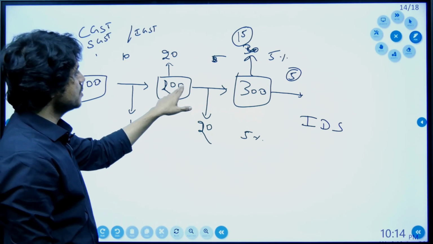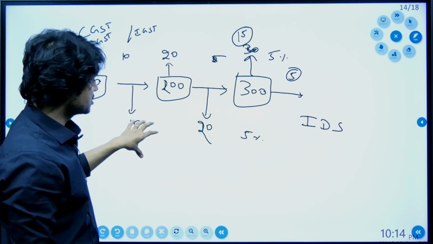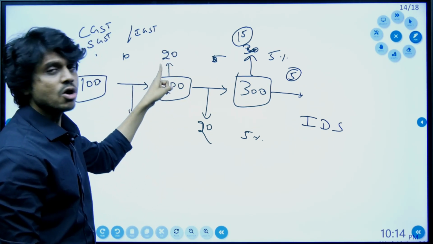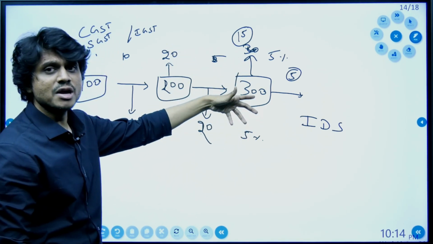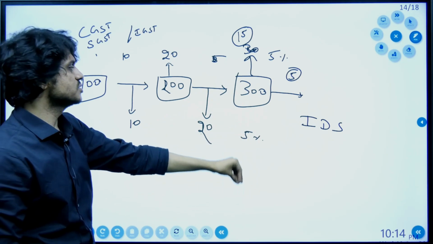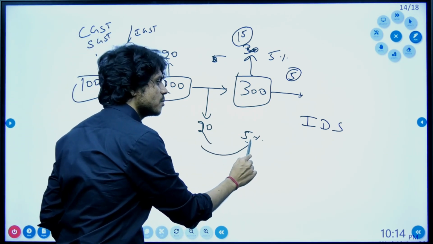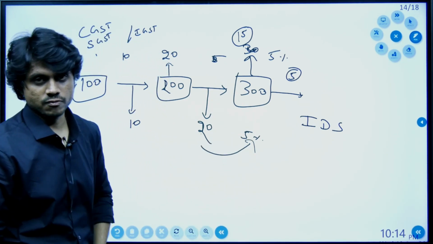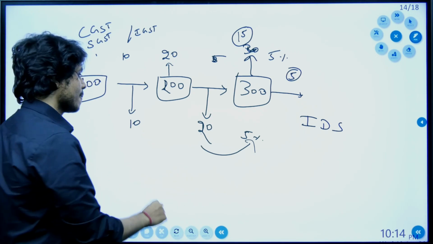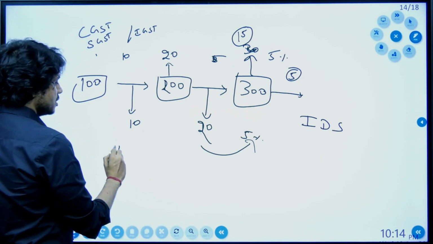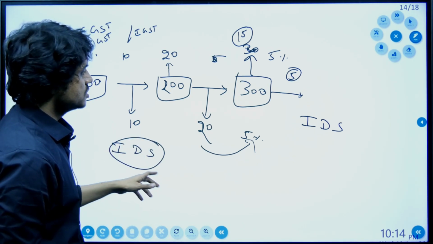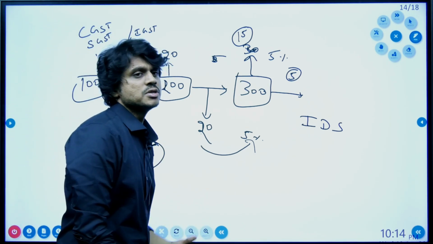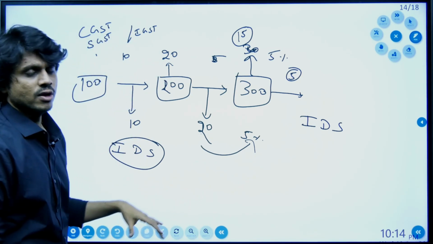Generally what happens is that people pay more tax and the input tax credit is less, so the government deducts and gives it to them. If this condition is there, it becomes difficult for a few sections. For this flow of money from the government to a particular sector to happen becomes very difficult, and this is called the inverted duty structure. You might have heard these things in the news. So this inverted duty structure is creating a problem, and the government is also creating a way forward.